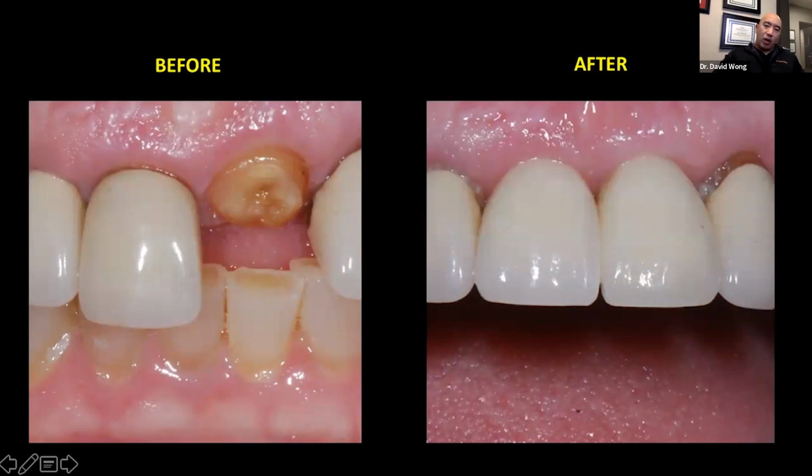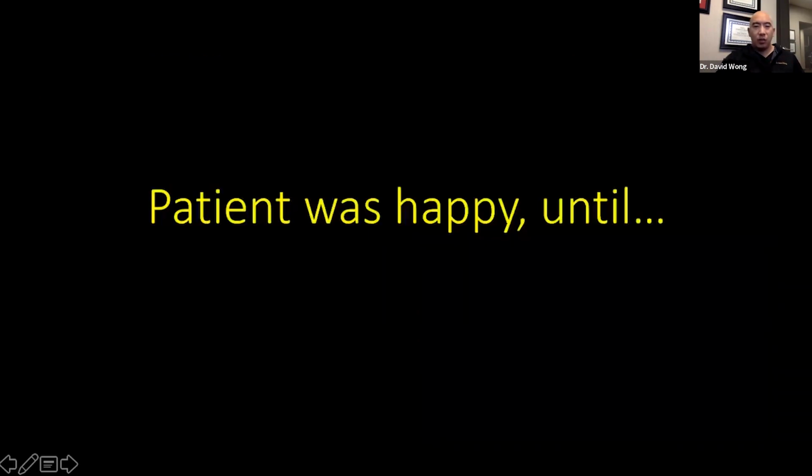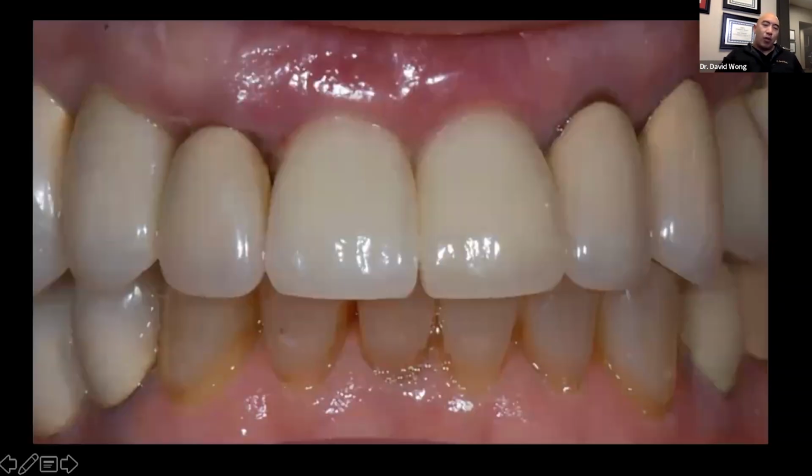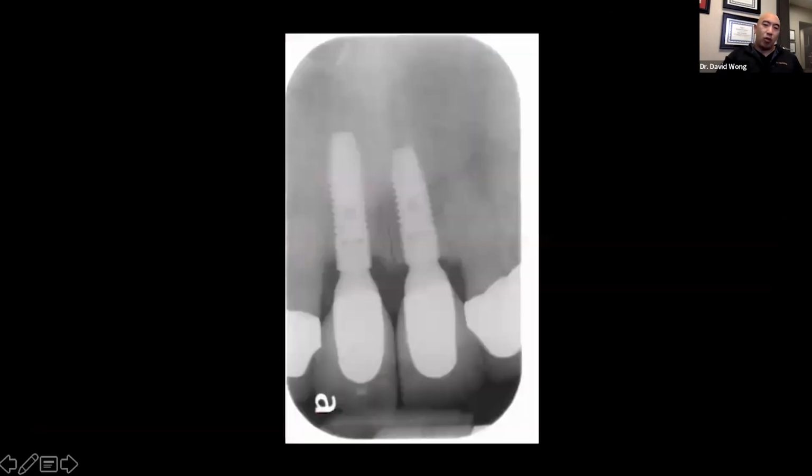Okay, that's just doing 1 tooth at a time. It's longer that way, but when you have patients who have small papilla that you're afraid to lose, this is the one easy trick. If you're a beginner or an intermediate surgeon, getting into this, it's one good way to practice this. Now, one thing is the patient had a cement retained restoration. So after a year, the gum tissue got really, really red.